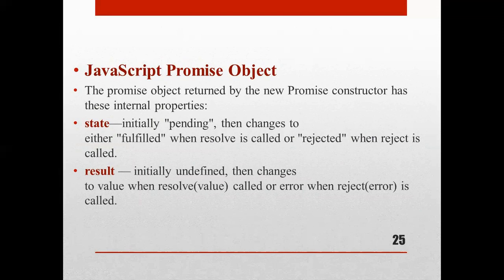The state is initially pending, then changes to fulfilled if it is resolved, and to rejected when it is rejected. The second one is result. Initially it is undefined, then it changes to a value when it is resolved, and to an error when it is rejected.